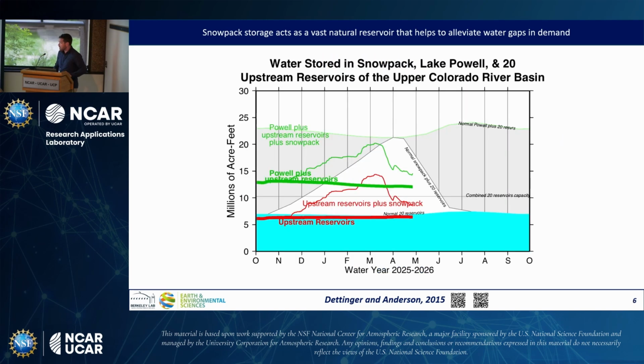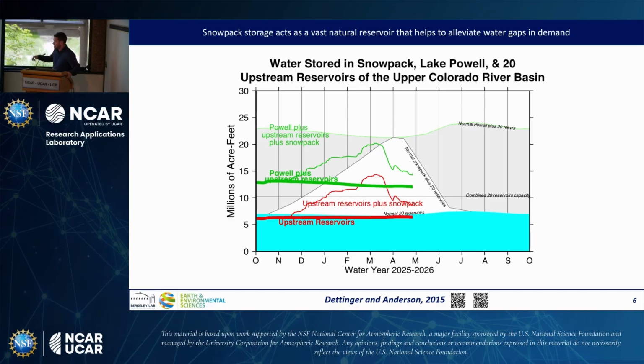And so this is in California. I thought I'd also show these really cool diagrams that Dettinger and others put on a web page, and you can monitor the snowpacks as they're progressing through the year. And this is for the Upper Colorado River, and it's showing water stored in snowpack, Lake Powell, one of the largest reservoirs, if not the largest in the West, and the 20 upstream reservoirs in the Upper Colorado River Basin.